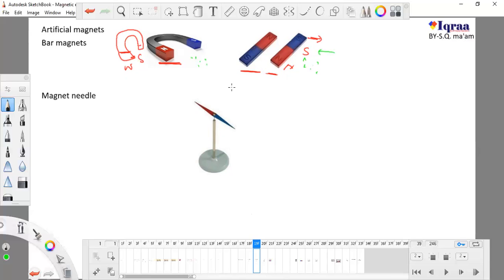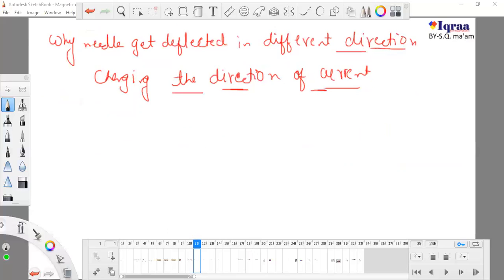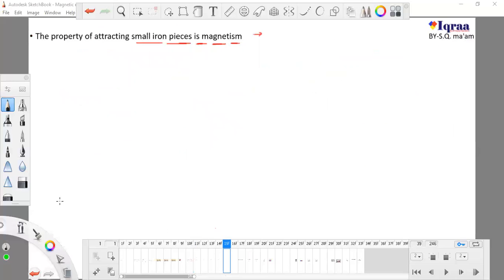But if I'm using a very simple circuit, and I'm just conducting electricity, so current is passing from positive to negative. Current always flows from positive to negative.